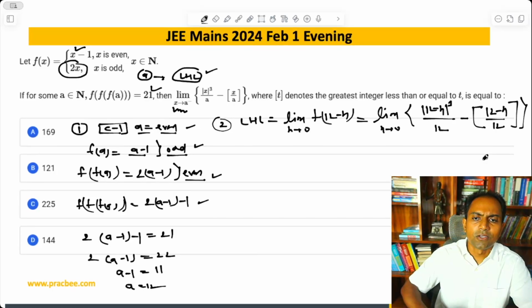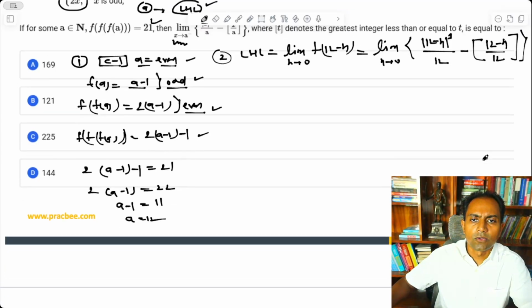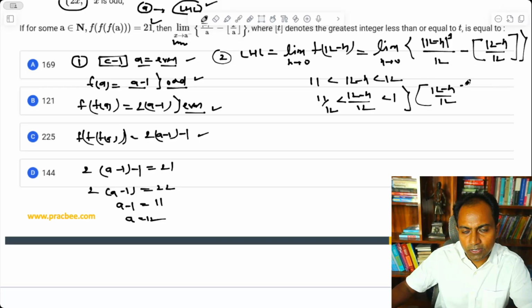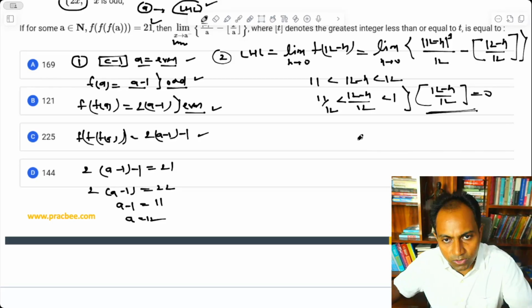The important thing to consider here is that the value of 12 minus h will lie between 11 and 12. If I divide by 12, this will lie between 11 by 12 and 1, so basically between 0 and 1. So the greatest integer function of (12 minus h) by 12 should be equal to 0, because it is a quantity between 0 and 1.